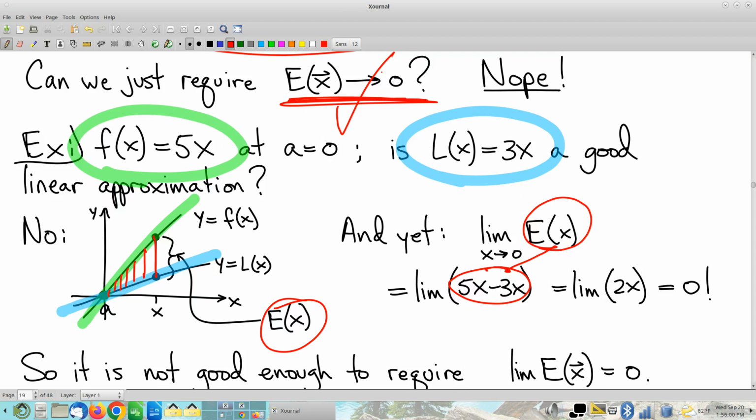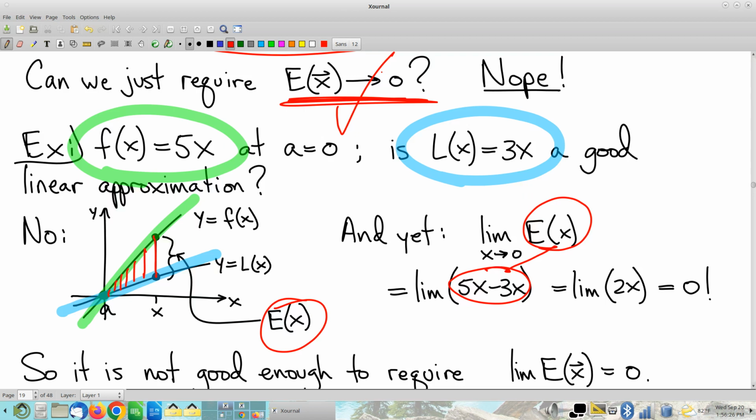This requirement that the error approach 0 is nowhere near good enough. It doesn't even eliminate this obviously nonsensical, ridiculous candidate for a linear approximation. So error going to 0, not good enough. Everybody see the problem?